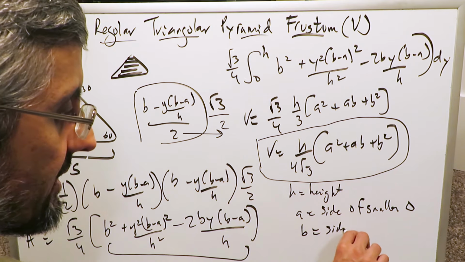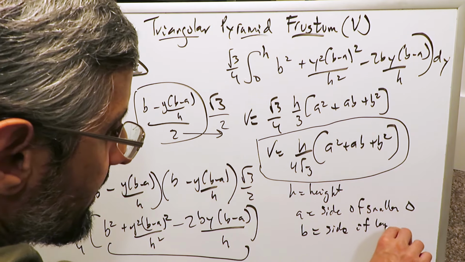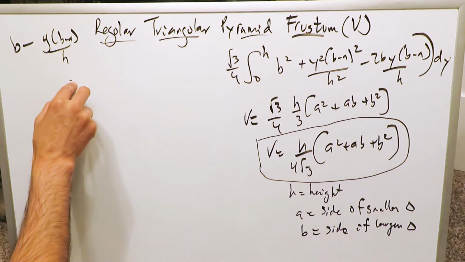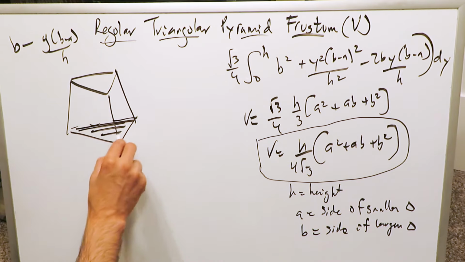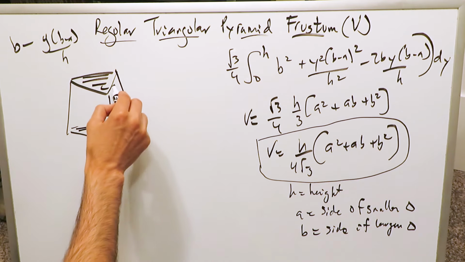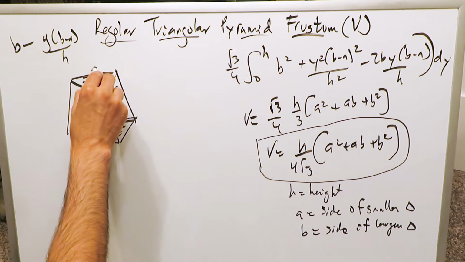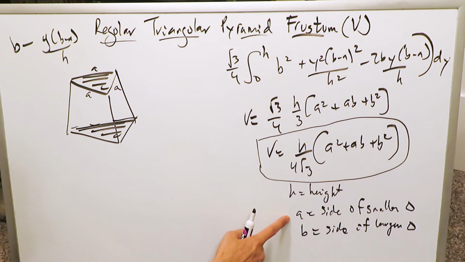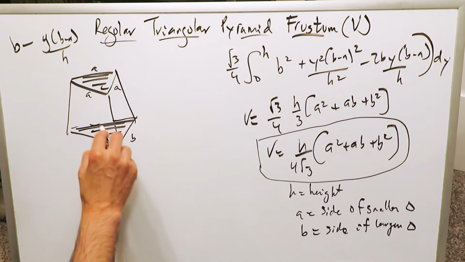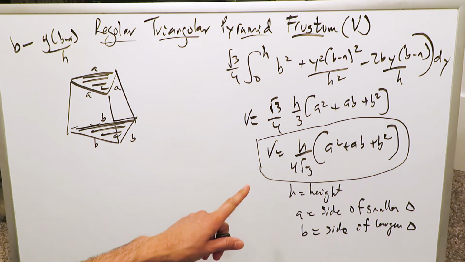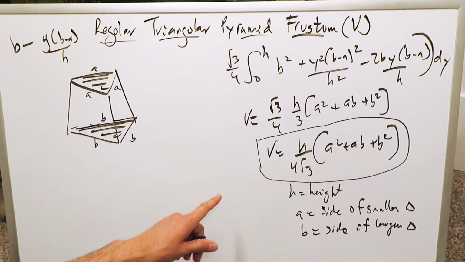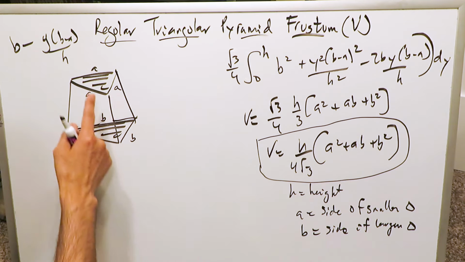When you look at a frustum, it looks something like this. This is the larger triangle, this is the smaller triangle. The dimensions here I'm calling a, and over here these are the b. So this is the formula where you plug in the side length dimensions. Generally, length can imply the a's and the b's.